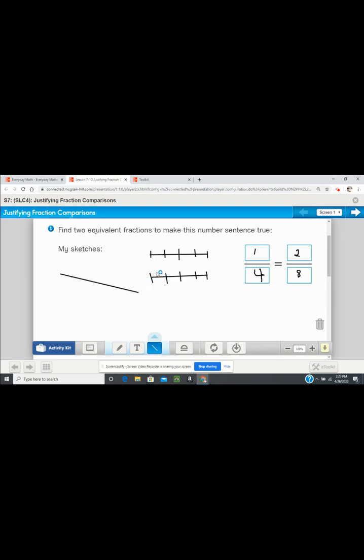And then in this bottom one, we're going to make them eighths, so we have to cut those sections in half as well. Now we have 8 equal spots. And we see that 1/4, which is right here, comes down to this line here, which is 2 of the 8.